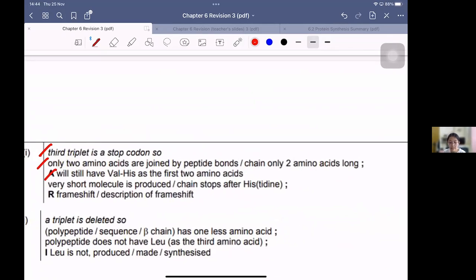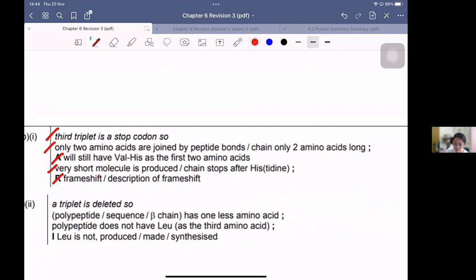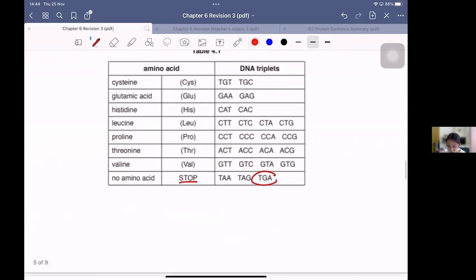We still have valine and histidine as the first 2 amino acids. And because the third triplet is already a stop codon, it's a very short molecule and the chain stops after histidine.